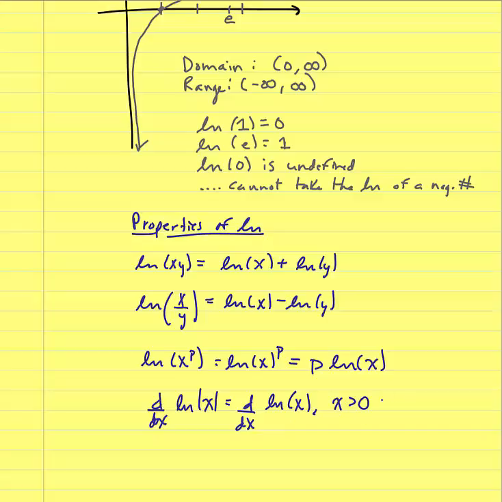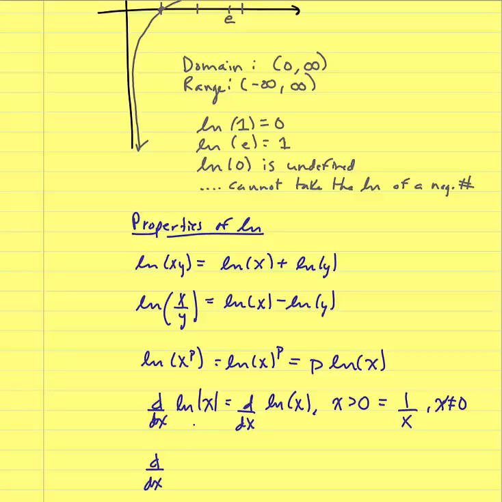Well, the derivative of the natural log of x is 1 over x times the derivative of x, which is 1. So the derivative is just 1 over x. And of course this will be true for values of x that cannot equal 0. Now this has to be true for values of x that cannot equal 0 because I can't have a 0 in the denominator.